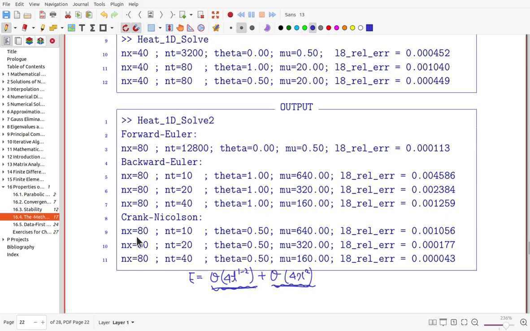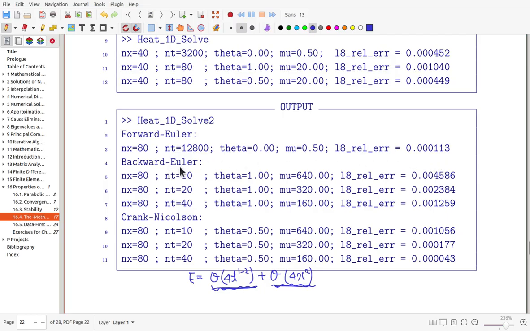So nx is 80, and here nt is chosen 10, 20, 40. But for the Euler method, for the stability condition, we have to choose this huge number of nt to get the solution. And at the moment, the error is given in this way.